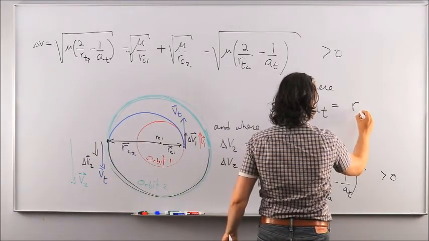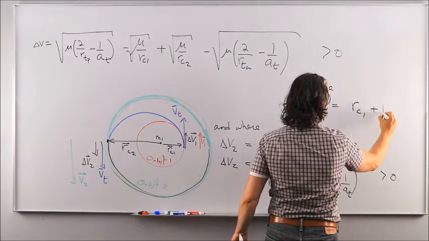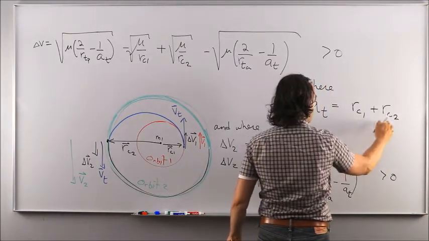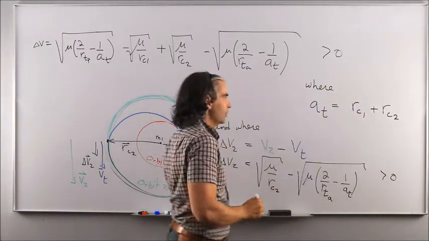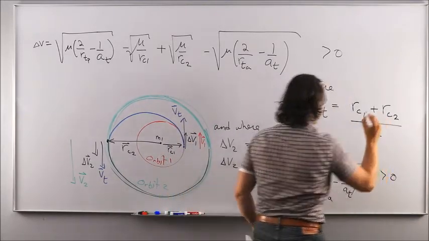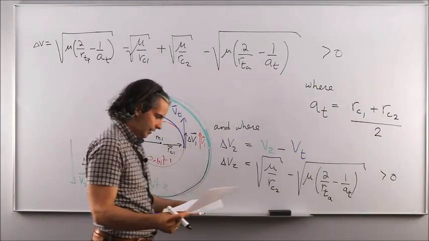And obviously, we're going to let you know what is the initial orbit we are in and what is the final desired orbit we want to go into. So you will have access to those two variables. All you have to do is sum them together and then divide by 2. Okay? Easy peasy.